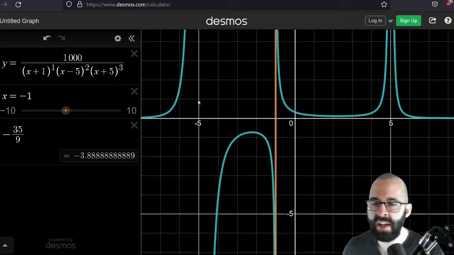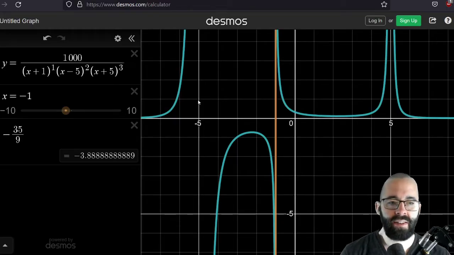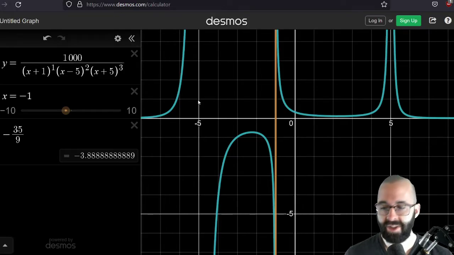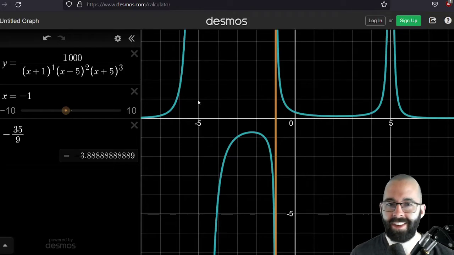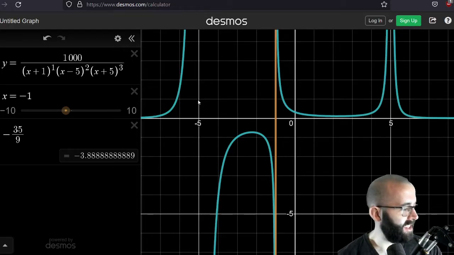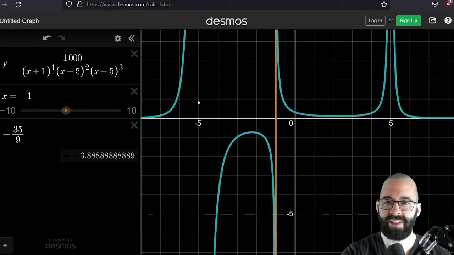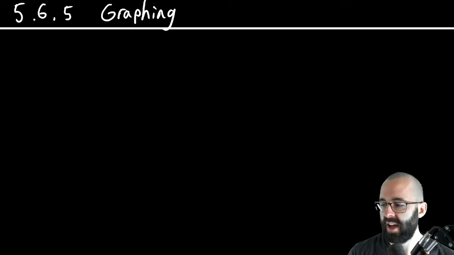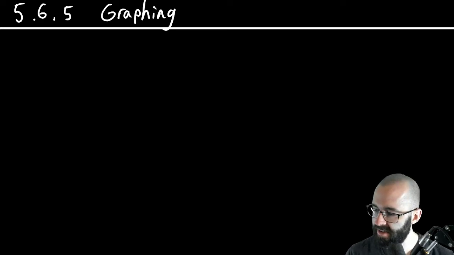So if the multiplicity of that zero in the denominator is odd, they'll go in opposite directions. And if it's even, they go in the same direction. We're going to use that observation when we graph things.